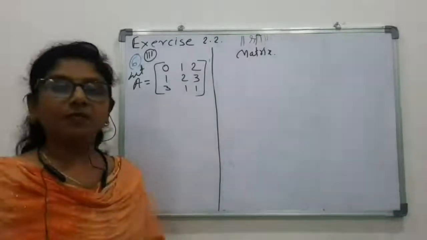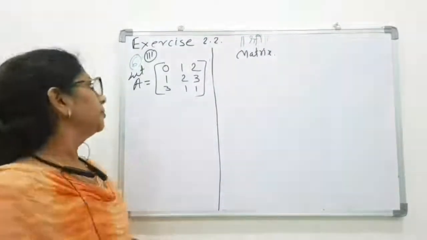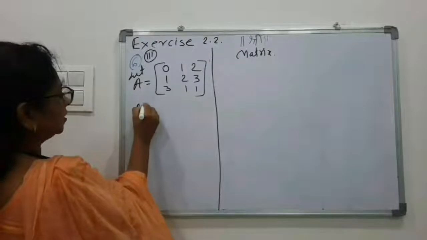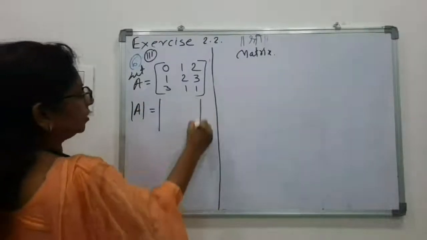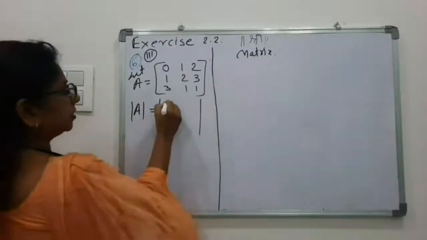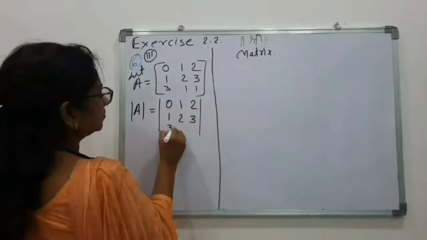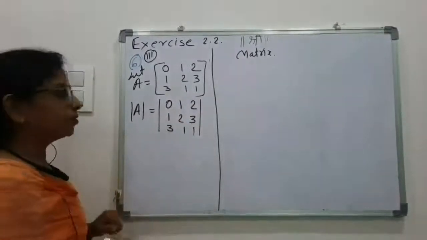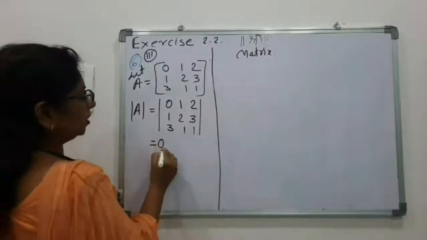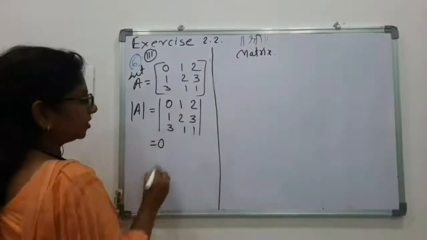Now check whether this matrix is invertible or not by finding its determinant. So find out the determinant by our usual method. Write down all the elements in parallel lines and then solve this. You know how to solve this. 0 into anything is 0.